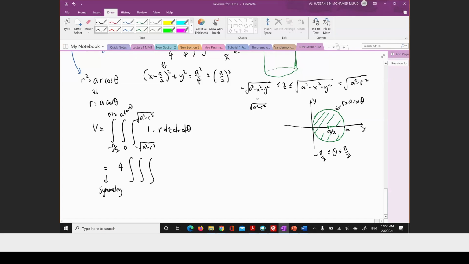So theta is 0 up to pi over 2, r is 0 up to a cos theta, and z is from 0 up to the square root of a squared minus r squared. I leave it to you to show that the answer is equal to 2/9.